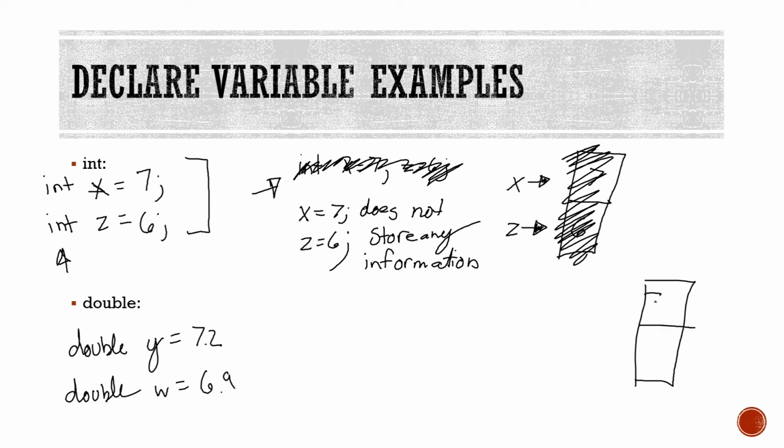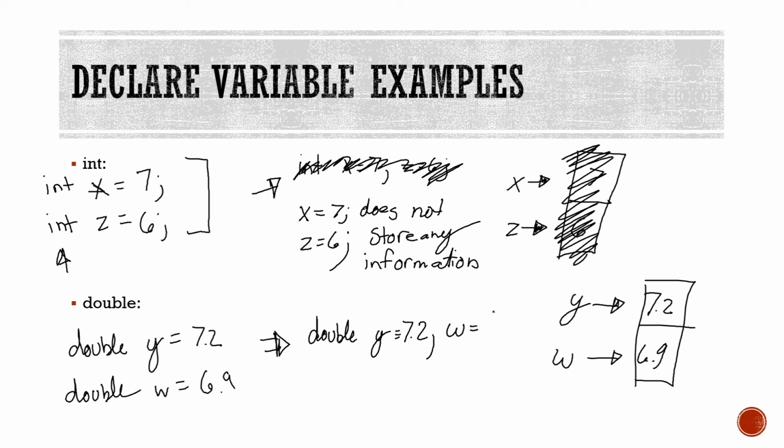This holds 7.2 because it's my y, and w holds 6.9. Or I can write it exactly as before. I can just write double once, y equals 7.2, separated by comma, w equals 6.9.